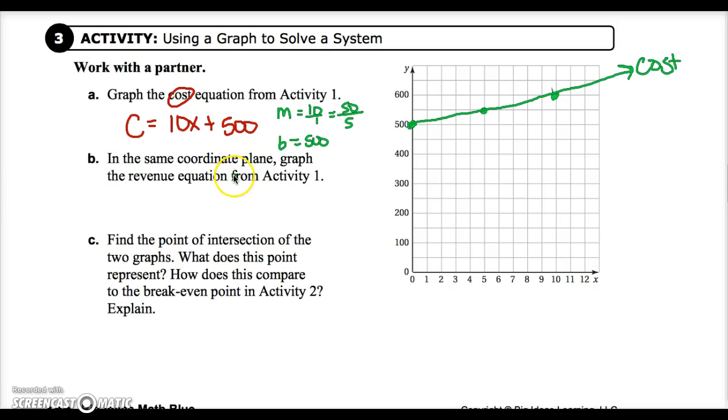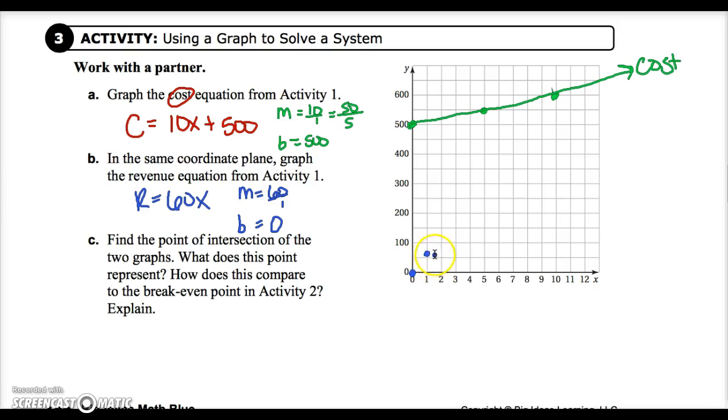Okay, and then on B it says in the same coordinate plane you're going to graph the revenue equation. So my revenue equation was just R equals 60x. So on this one your slope is going to be 60, which is 60 over 1. And my y-intercept, since there's nothing else tacked on here, it's going to be 0. So I'm going to plot that 0 first and go up 60 over 1.